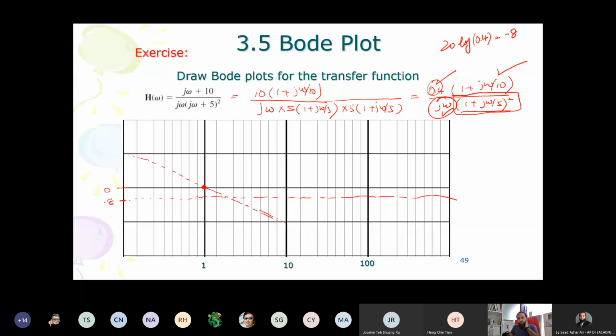Then we have a corner frequency of 5. I'm just assuming that this is 2 and 3 and 4 and 5, so let me assume that this is 5. At this 5, what should be the slope?